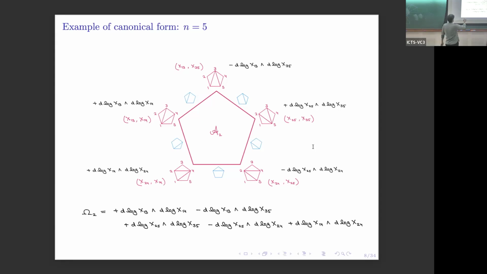Let's say that you start with this one, x13, x14. By doing a mutation, I mean by flipping one, you exchange 1,4 with 3,5. So you want to keep dx13 wedge something fixed, and 1,4 has been replaced by 3,5. That's why there's a negative sign. It can be consistently done.